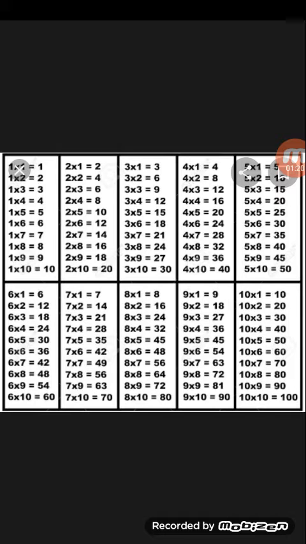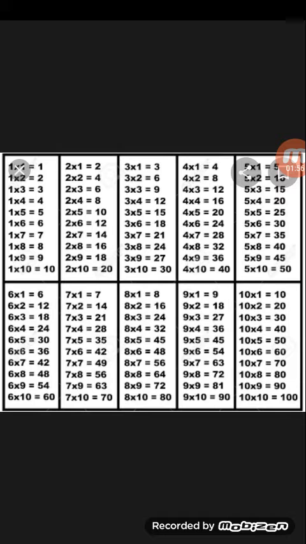You could use it as a song, or you just recite it again and again, so you would remember what's the next number. 2 times 1 is equal to 2.